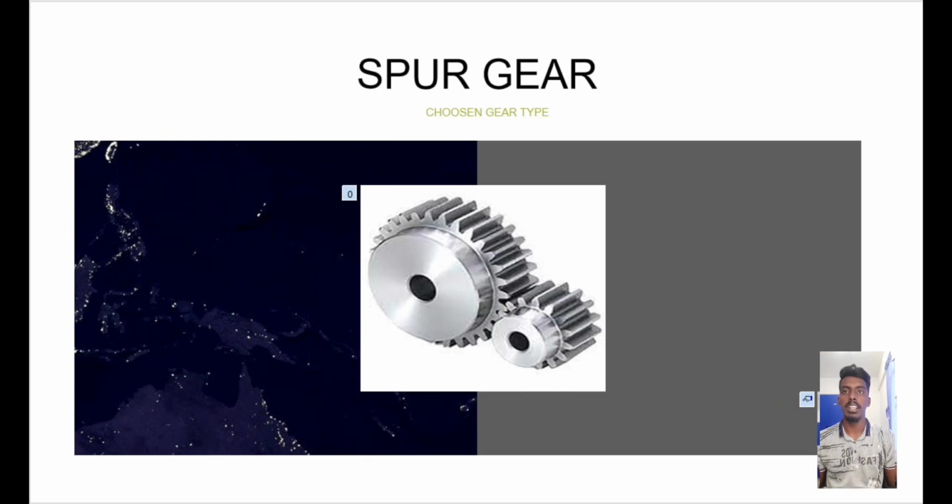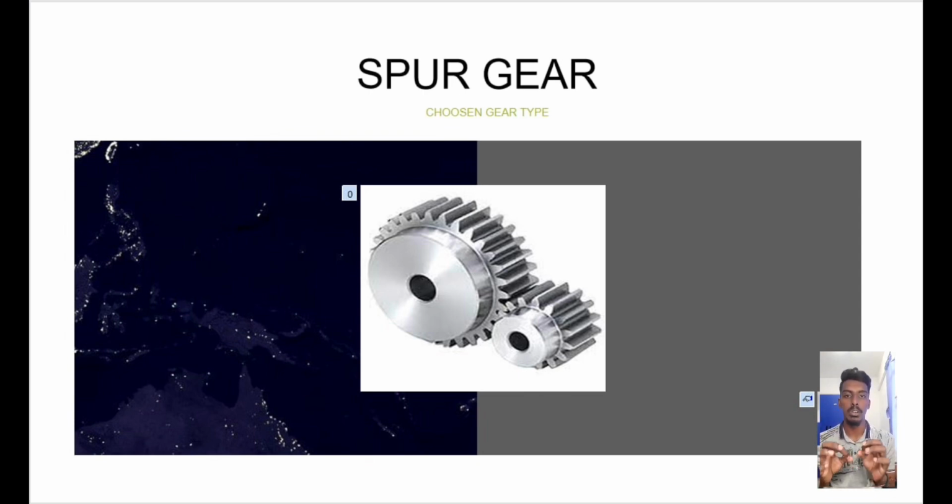The next slide is about the gear type we chose. As we all know, it is the spur gear, and this is what we managed to fabricate or design. Here there are two gears combined together synchronously, a bigger one and a smaller one.